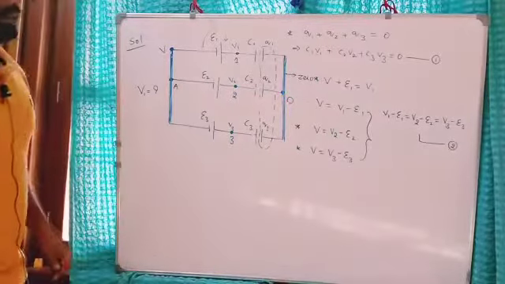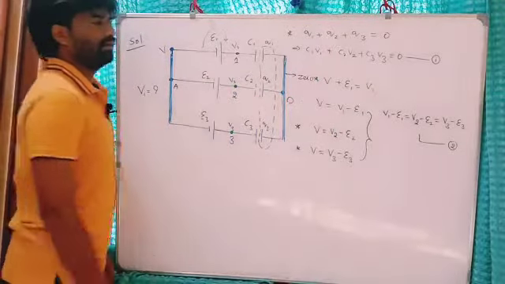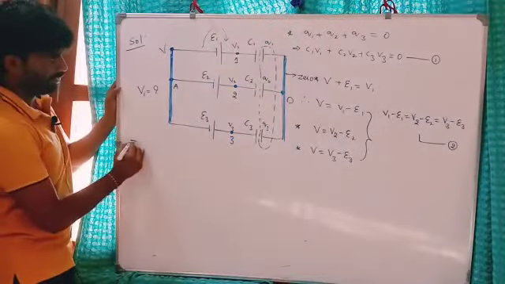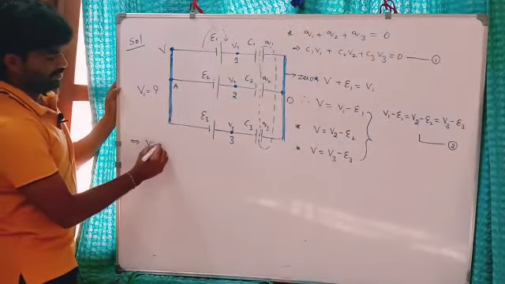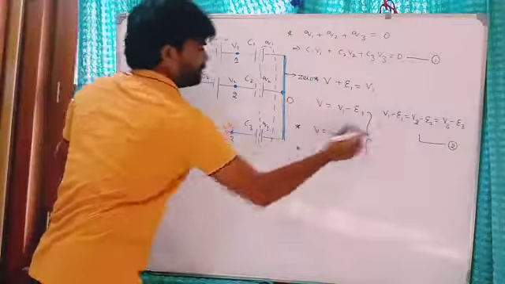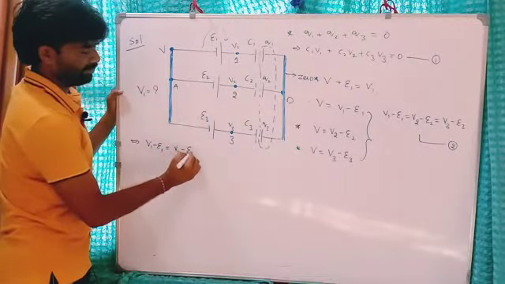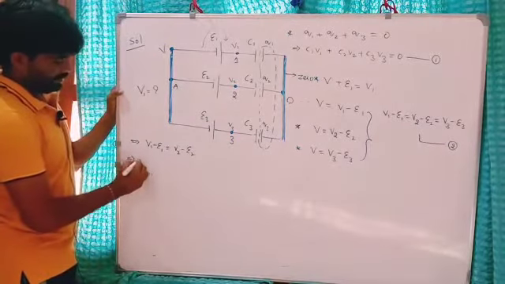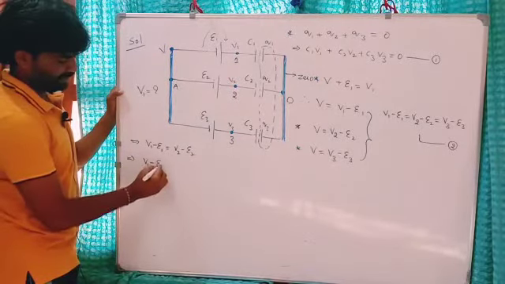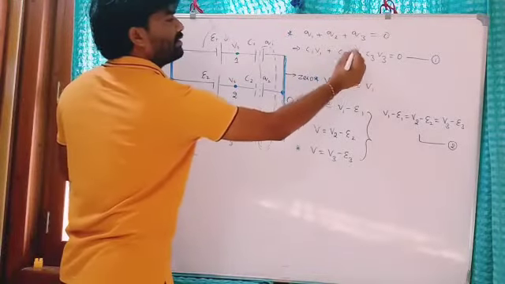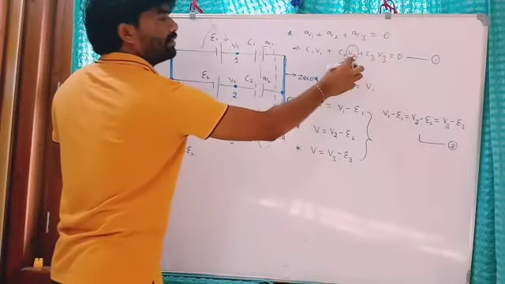Clear? But actually what is required is V1. For that, first let us equate the first two: V1 minus E1 equals V2 minus E2. I will write V2 from equation 1.